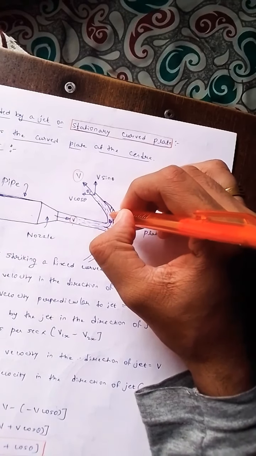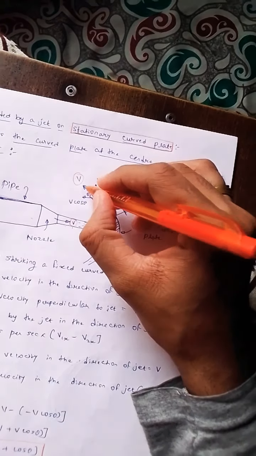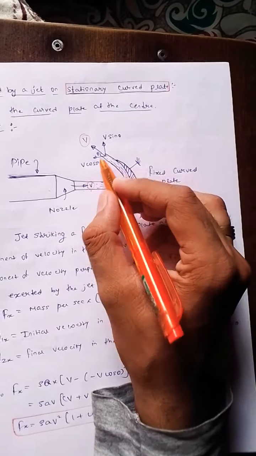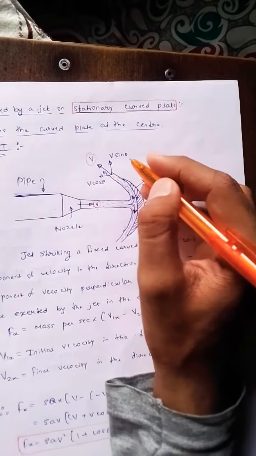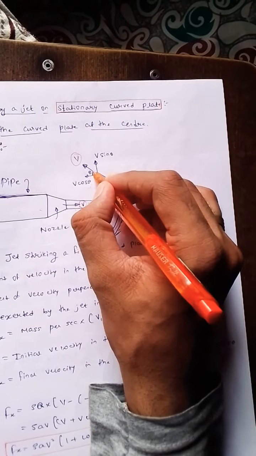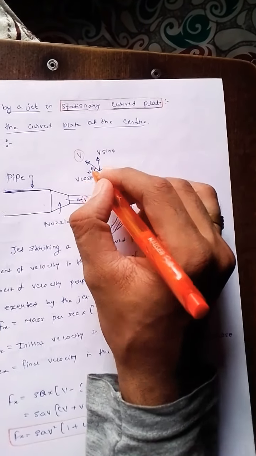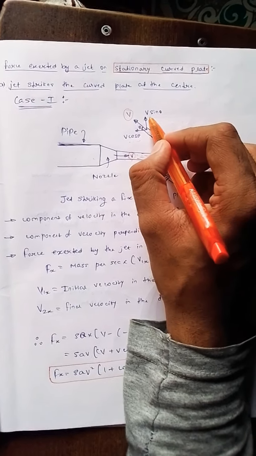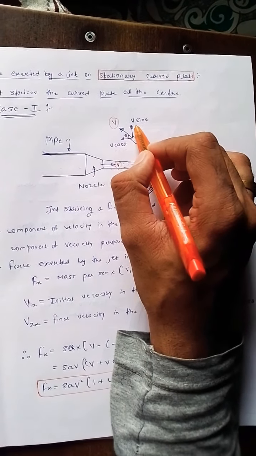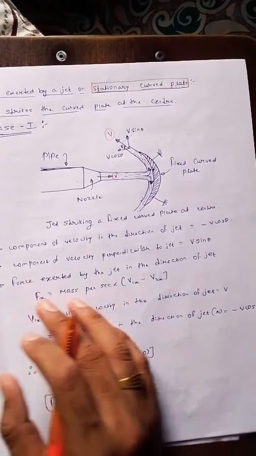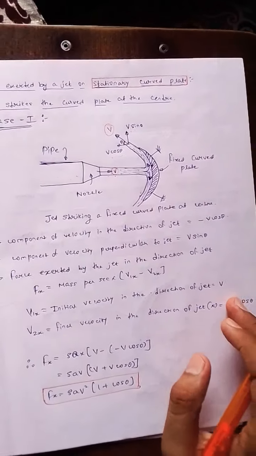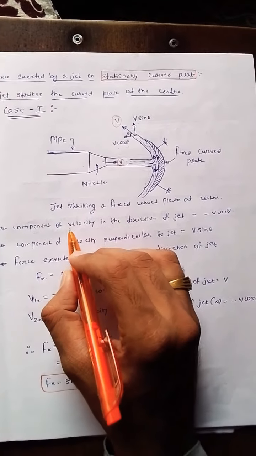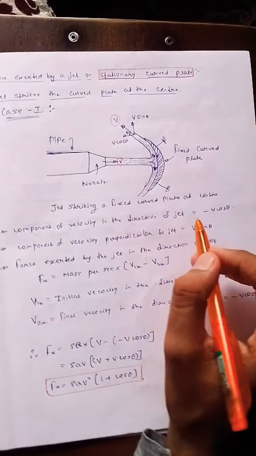The velocity at which the water is leaving after striking is V, and it is inclined, so we have to take components. It will be at an angle theta. If this is angle theta, this component will be V cos theta, and the vertical will be V sin theta.